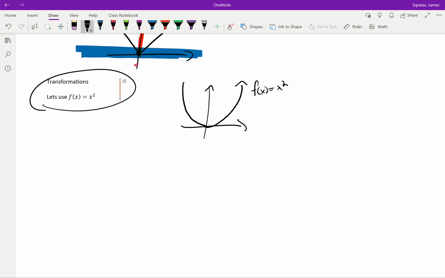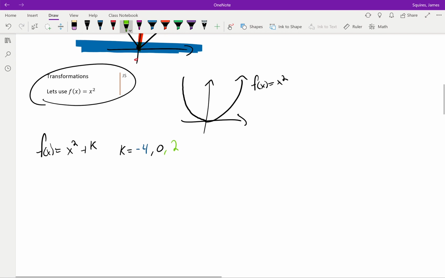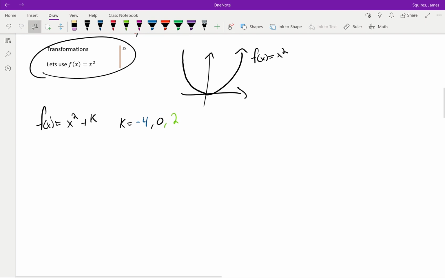Let's say we have f of x equals x squared plus k, and let's do this for k equals -4, 0, and +2. I'm doing it in different colors because I want to be able to represent these on the same graph and distinguish them by color.